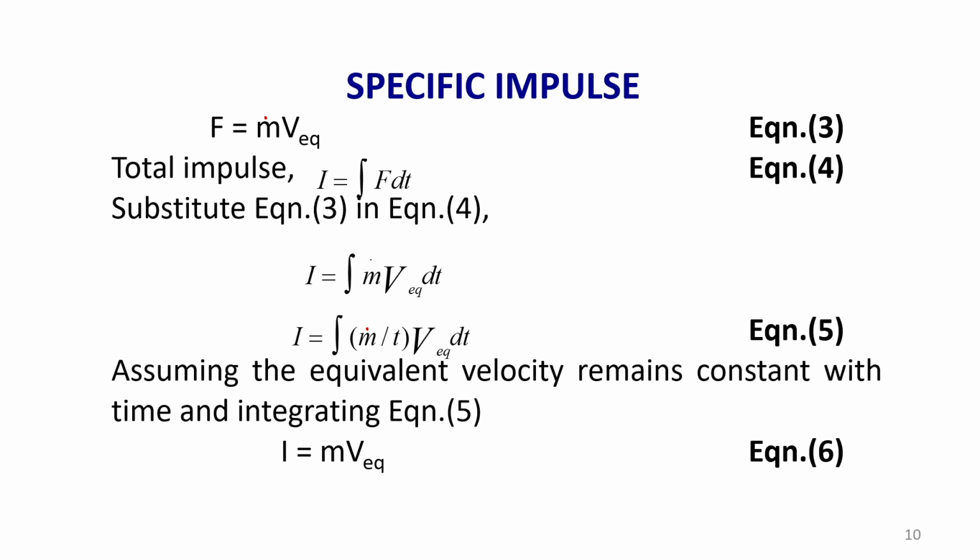So, this is assuming the equivalent velocity remains constant with the time, and integrate equation 5. So, here I will get 1 by t into dt, integration of dt is t, and 1 by t will get cancelled. So, I will get m equivalent into impulse is equal to m equivalent into V equivalent velocity.